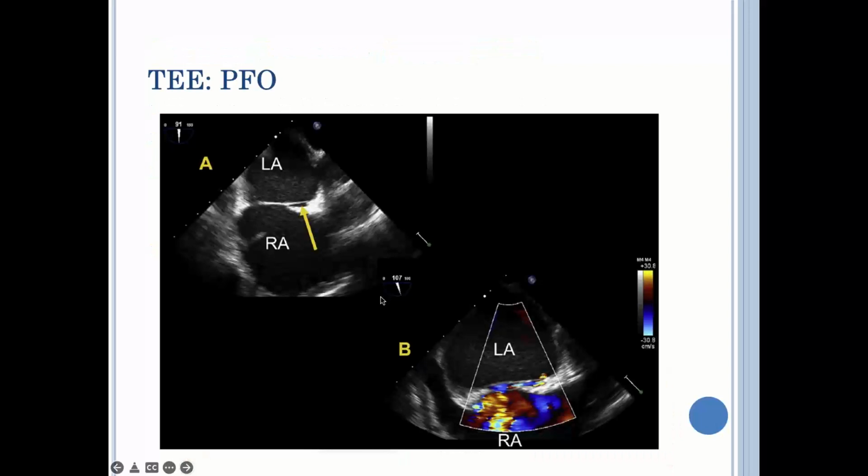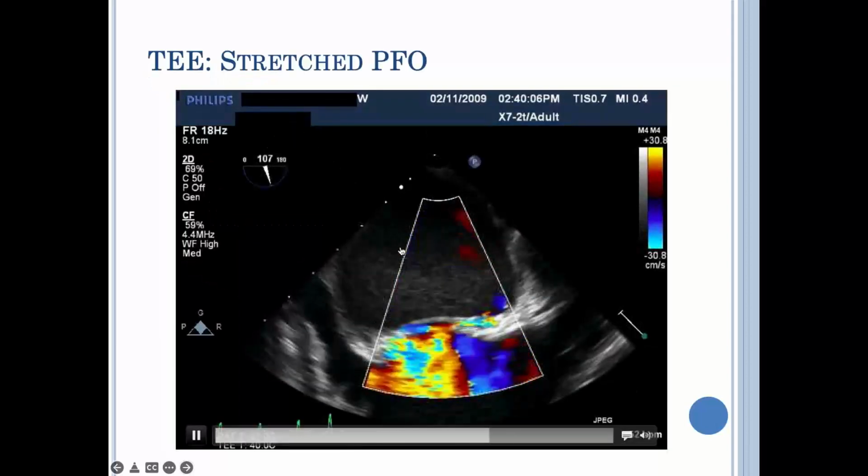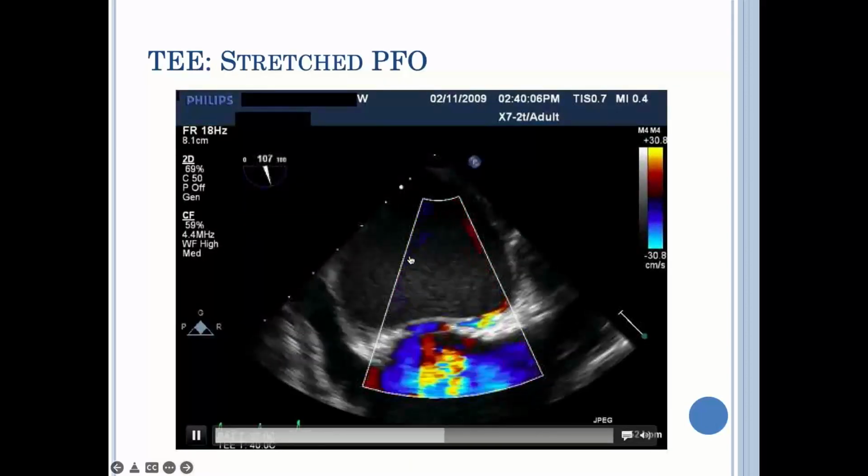So I think the yellow arrow clearly shows where the PFO is in this case, and the TEE, and you can kind of see the flow that is shown with Doppler on this image. But I think the next video should be a little bit clearer.